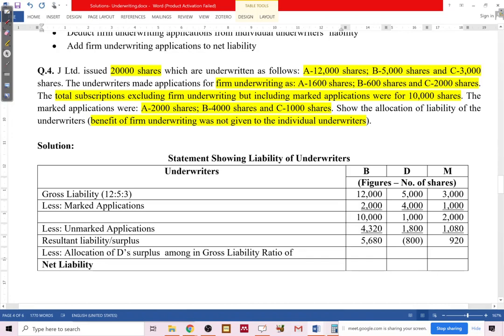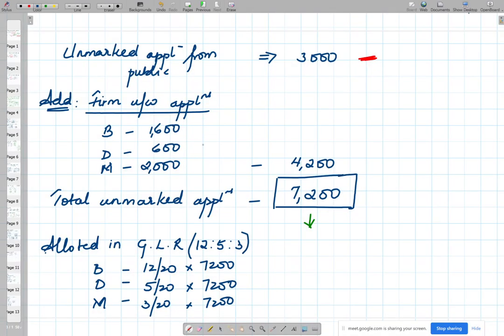These names have not changed, these are supposed to be A, B and C, same way over here also, A, B and C.